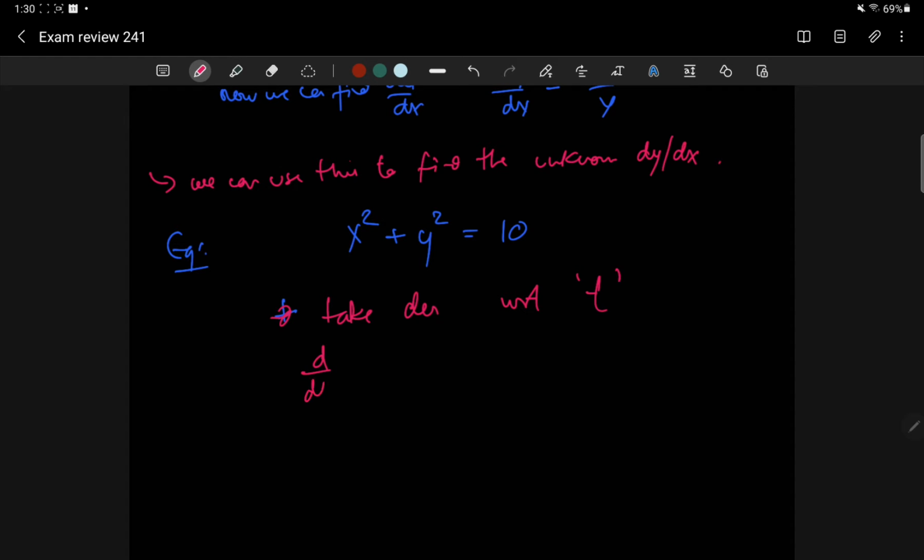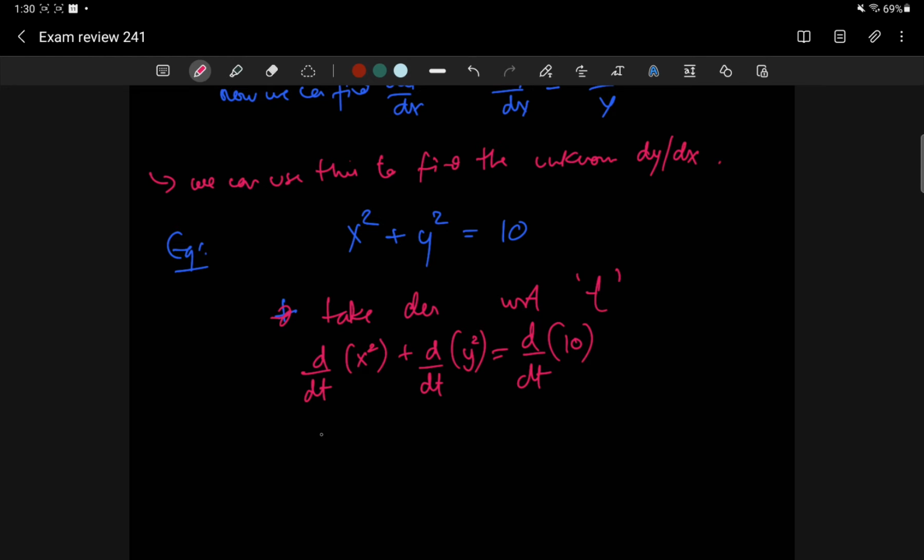So now I'm doing d over dt of x squared plus d over dt of y squared equals d over dt of 10. Now I'm assuming that I don't have any other information, other than maybe I'm guaranteed that x does change when you change this variable t, and y does change, because otherwise it would just be 0 equals 0.